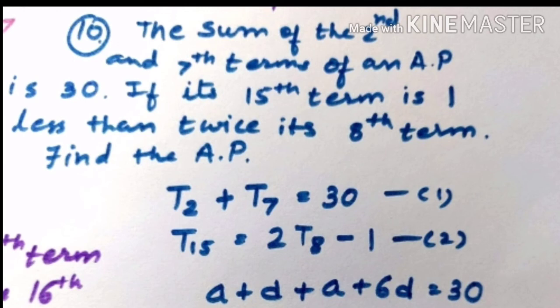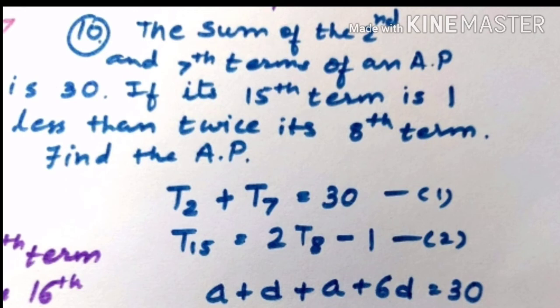We have to take the sum of these two, so T2 plus T7 is equal to 30. This is the first equation we found. Now read more: its 15th term, T15, is 1 less, means minus 1, than twice its 8th term, means 2T8 minus 1. So this is the second equation we found.